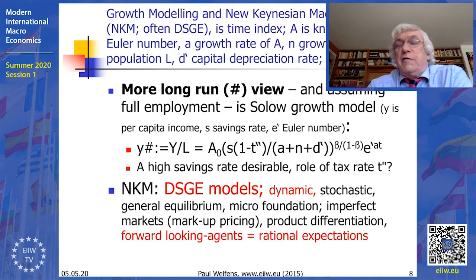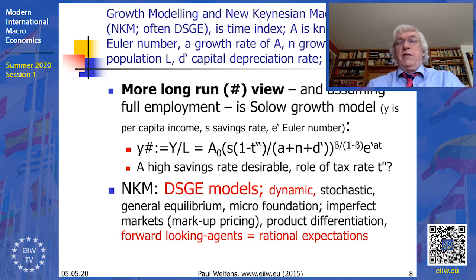Okay, if we have product differentiation, maybe we have some sectors where you have a big concentration on the supply side, and then the markup rates, of course, are rather high. And as I have already emphasized in the NKM models, we have forward-looking agents, and actually we have rational expectations.